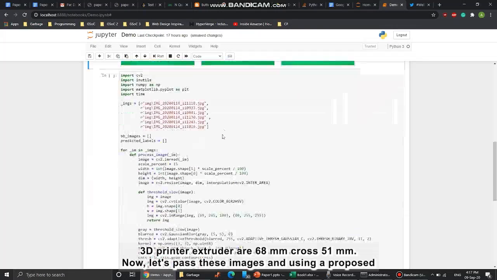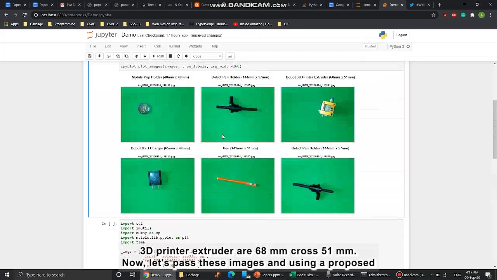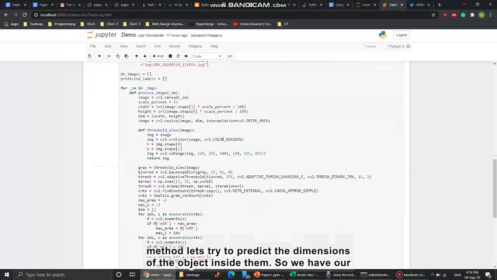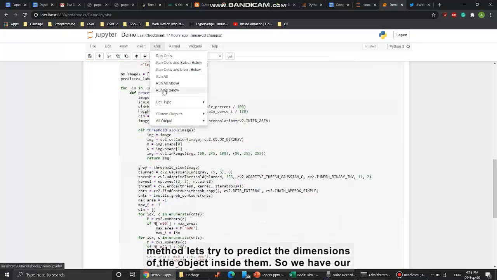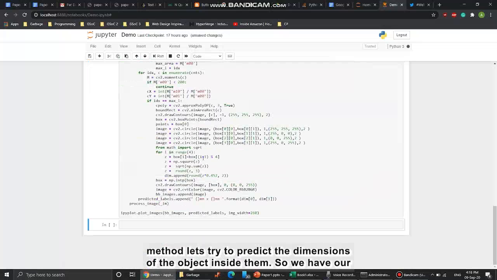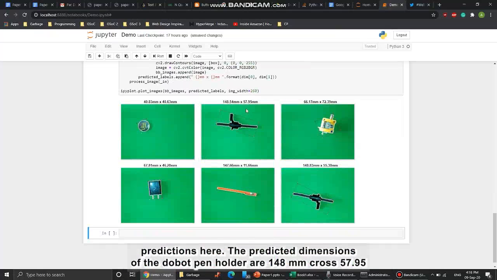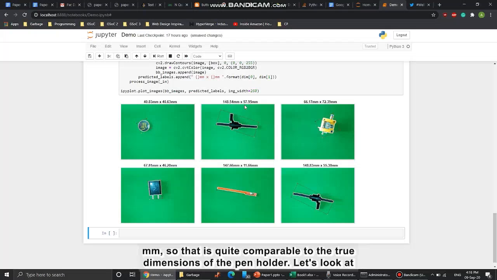Now let's pass these images in, and using our proposed method, let's try to predict the dimensions of the object inside them. So we have our predictions here. The predicted dimensions of the Dobot pen holder are 148 mm by 57.95 mm.